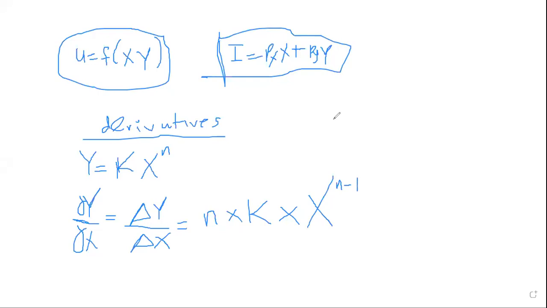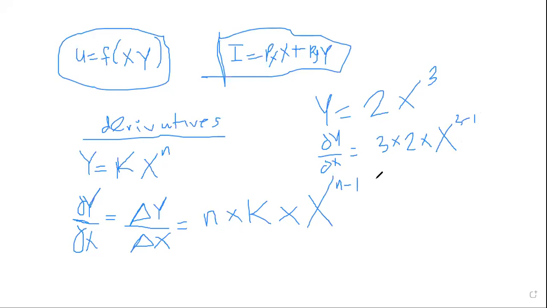So let's take an example. Let's say y is equal to 2x to the power 3, and you are asked to find dy dx. Then it is going to be equal to 3 times 2 times x to the power 3 minus 1, which is 6 times x to the power 2.